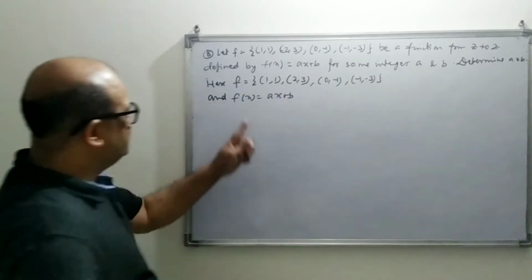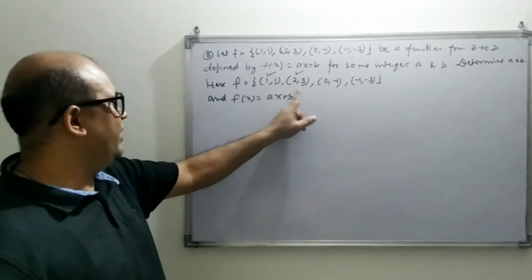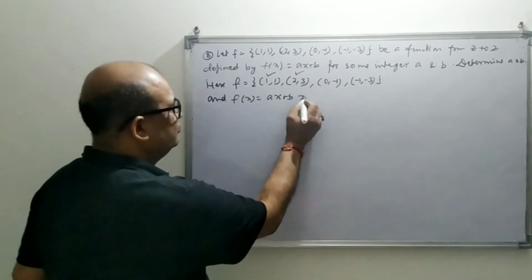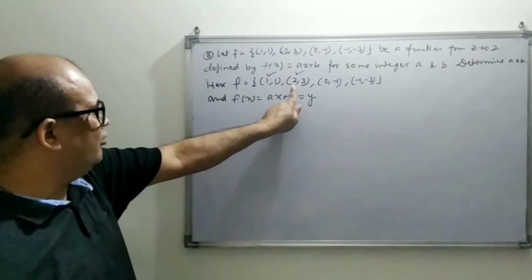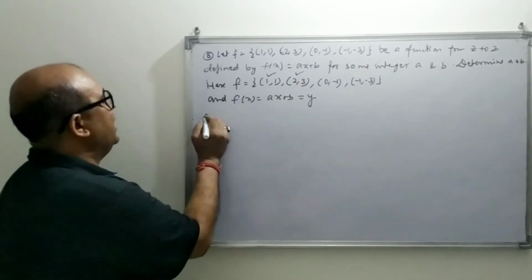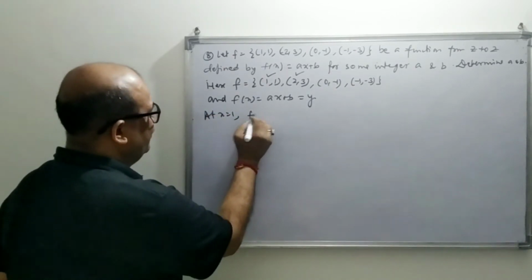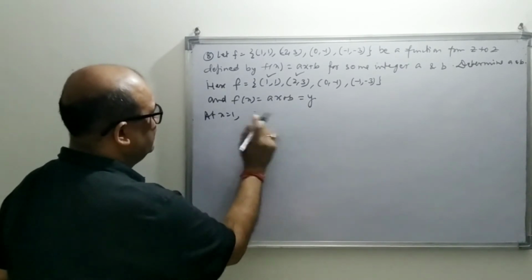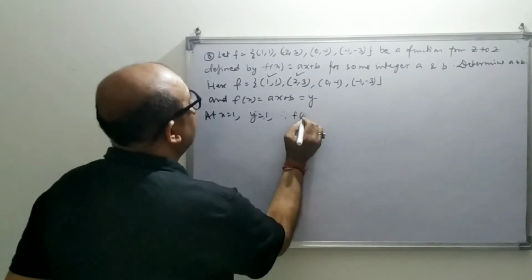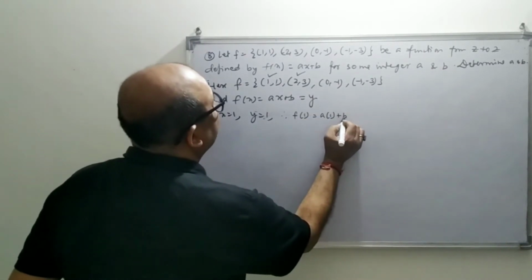What will we do here? First we take this one and this one, and put the value of x and y. For x equal to 1, y is 1, and for x equal to 2, y is equal to 3. So at x equal to 1, y equal to 1, f(1) equals a into 1 plus b equal to 1.